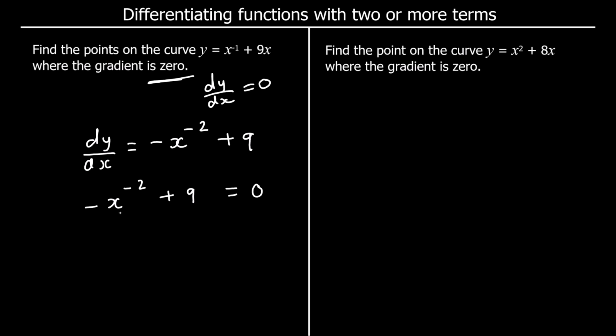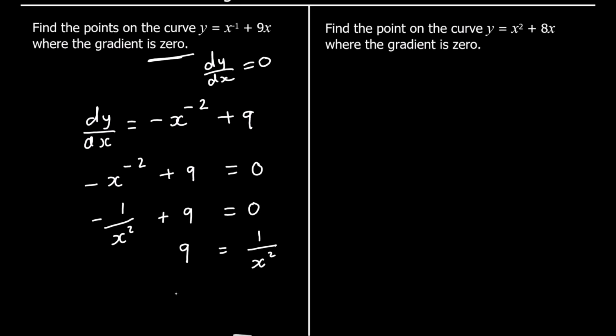I'm going to rewrite my x to the power of -2 as 1 over x squared. Then I'm going to add that to both sides, so plus 1 over x squared to both sides. So 9 equals 1 over x squared, times by x squared.